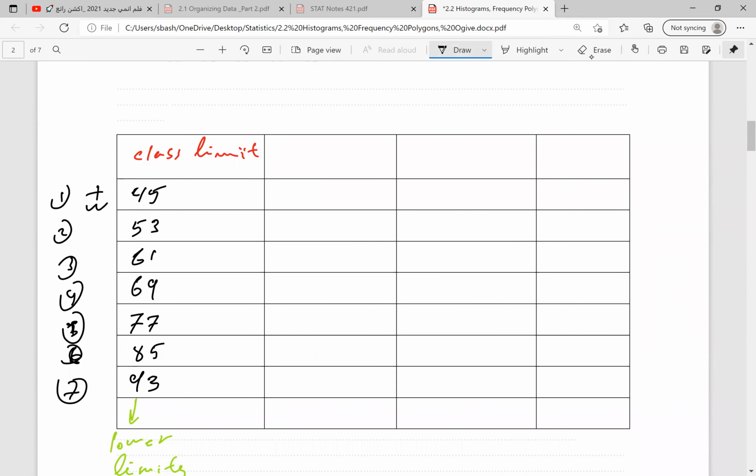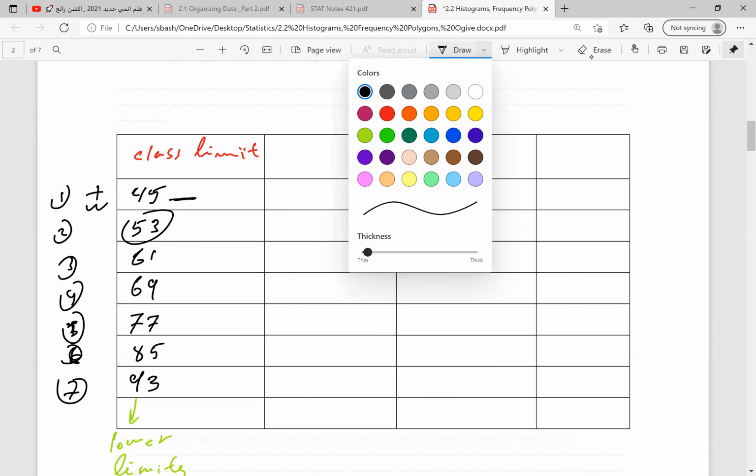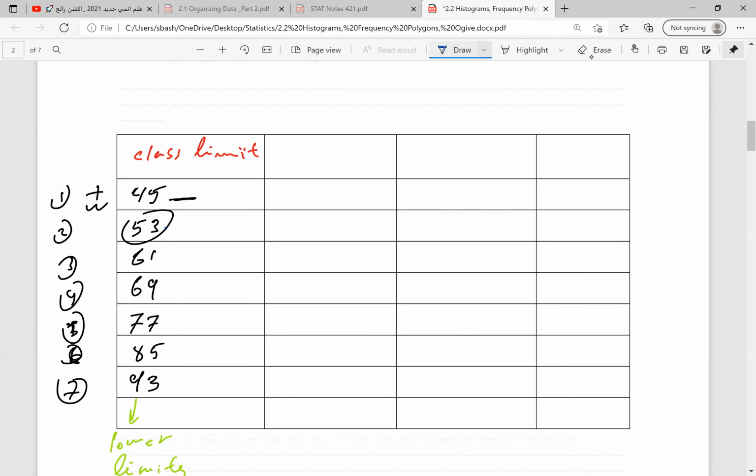For the upper limit, I started with 45. Let's go to the next class, which starts with 53, and take 1. That will be minus 1. So 53 minus 1 will be 52.